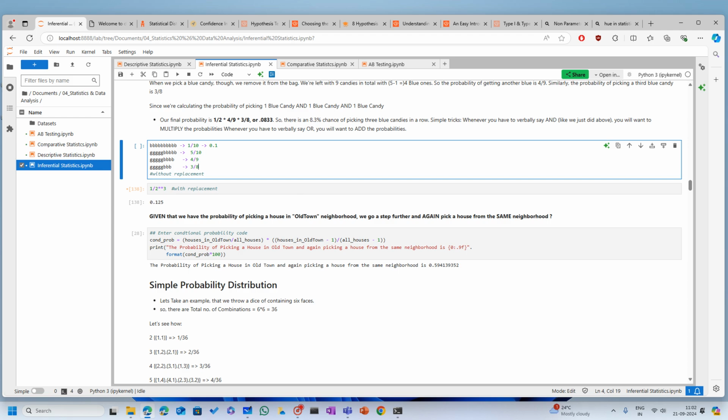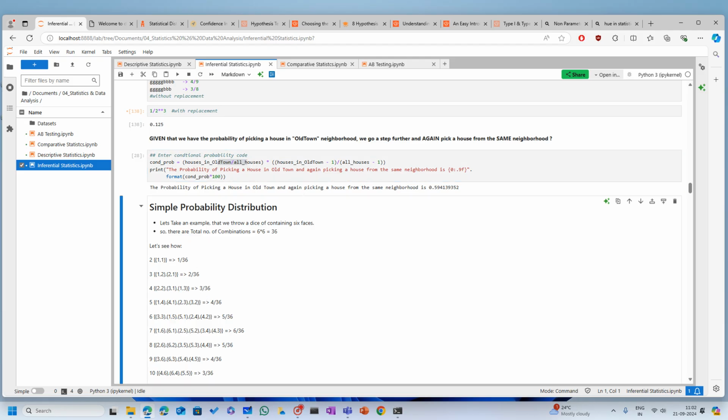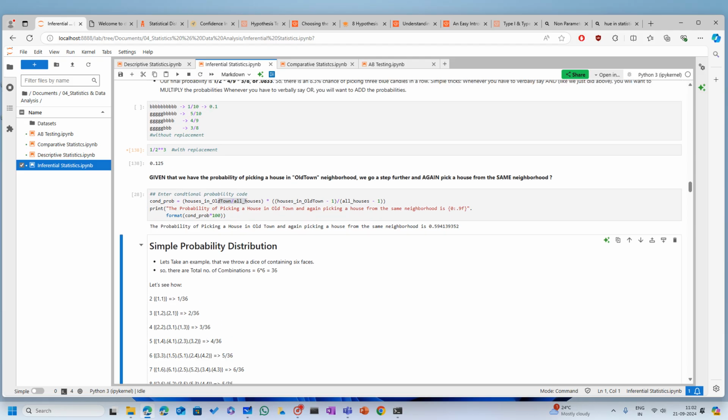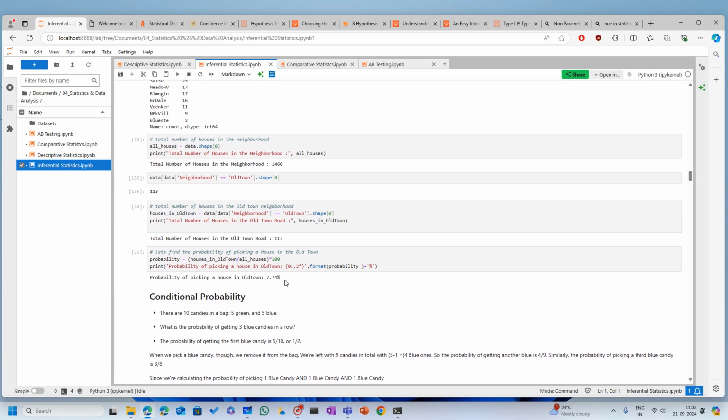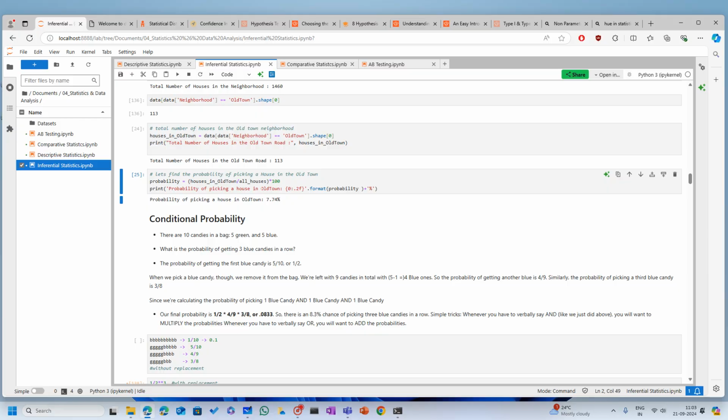If you pick the first time, the probability, which we already calculated, was a 7.74% chance. The second time, you'll subtract one value from old town, because you have already selected one house.